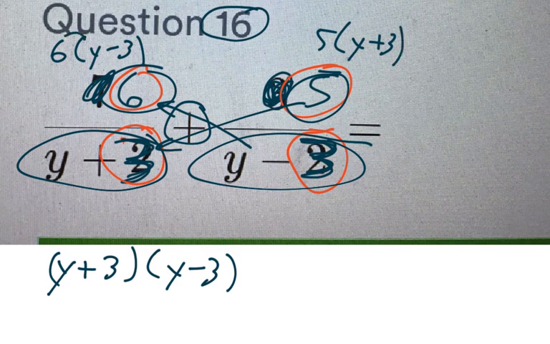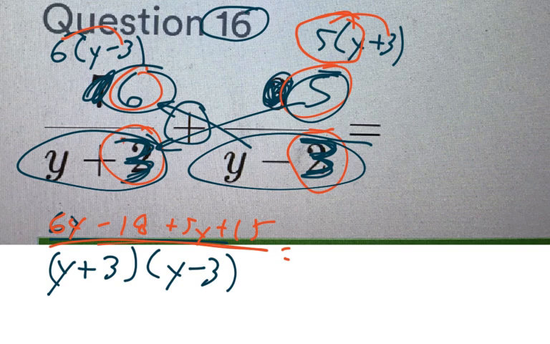So distributive property wise, I would have 6y. 6 times minus 3 would be minus 18. Over here, 5 times y would be 5y. And 5 times the 3, I'm just doing distributive property, is 15.